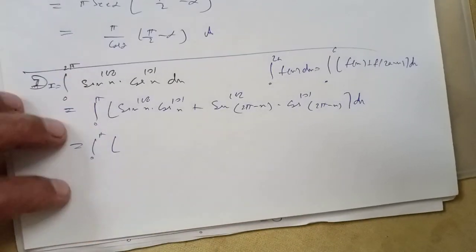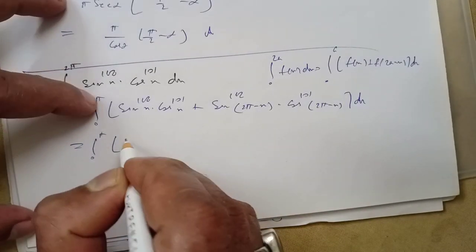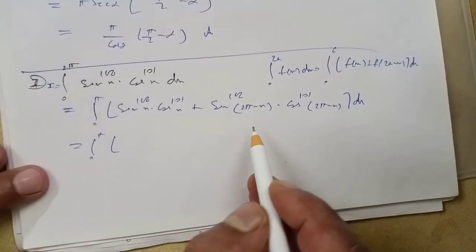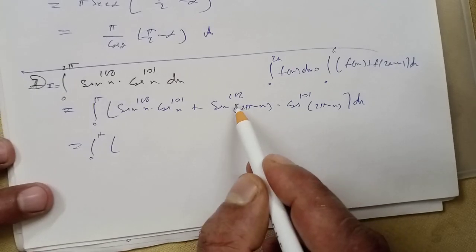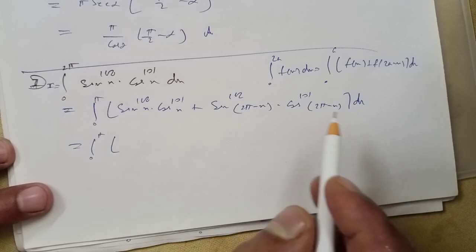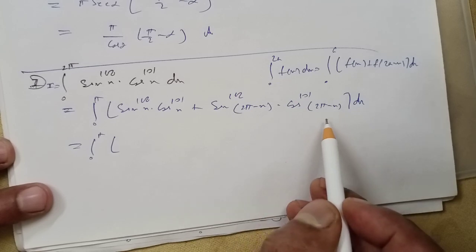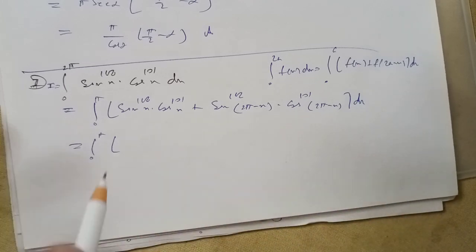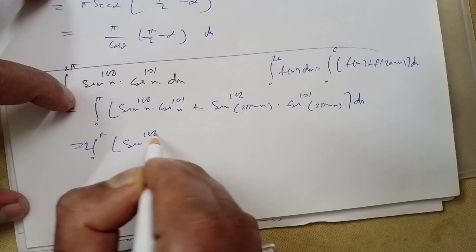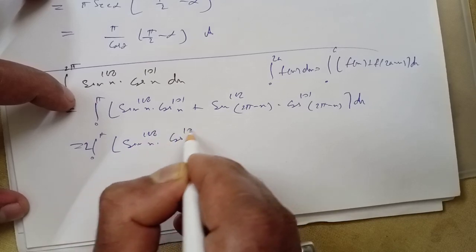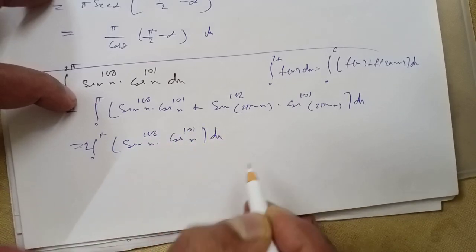0 to pi, look, sine of 2 pi minus x, this is minus sin x but exponent is 100, so plus. Cos of 2 pi minus x is again cos x, so 101 this, so this will be twice sine to the power 100x cos to the power 101x dx.